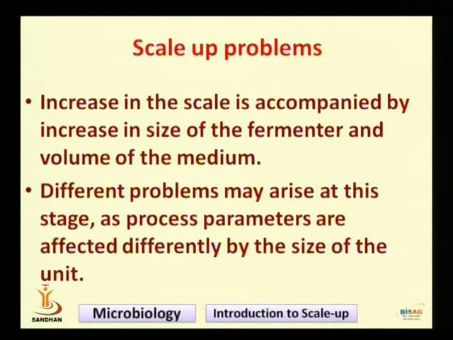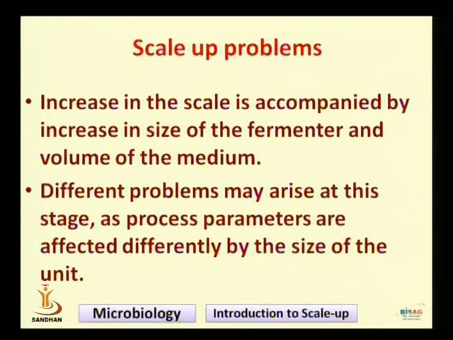As already said, as we go further from laboratory to pilot and then to the grand scale, we are gradually increasing the volume of the medium used for the studies, so the volume of the medium is one thing that is immediately changed, and another thing is the size of the unit, that is the fermenter, used at the different levels.